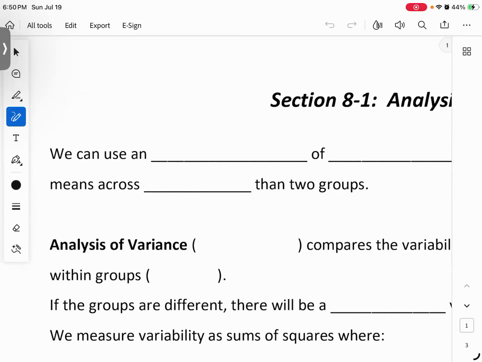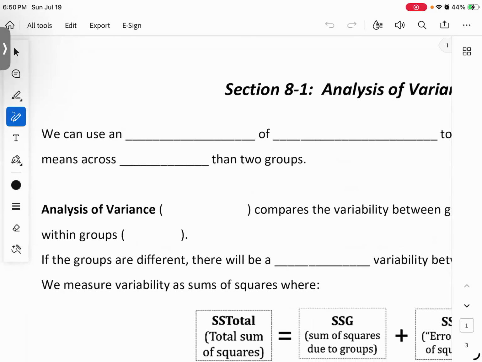So we can say that ANOVA is analysis of variance. And I'll talk a little bit about what we mean by analysis of variance.